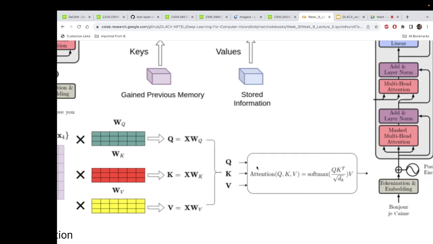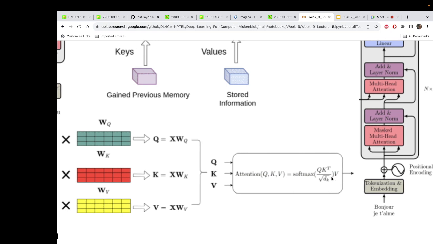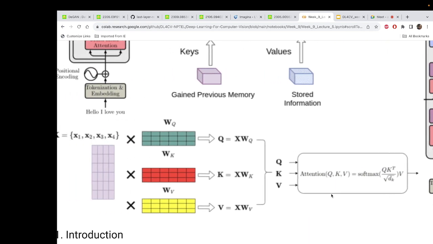And then you perform attention, where you have to remember this a little bit, because this is very standard: softmax of QK transpose by root over dk, into V. So this is basically in a nutshell the dot product attention that you are performing in vector notation. This is just a matrix notation of that.